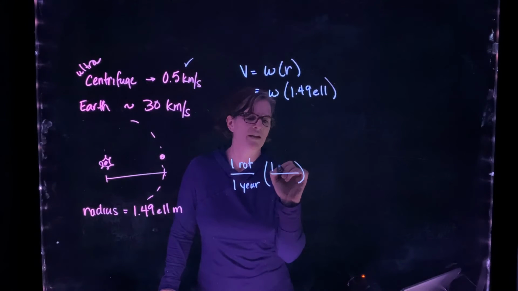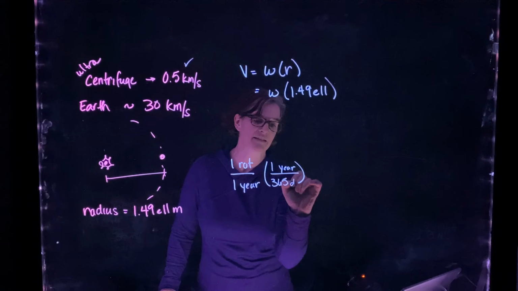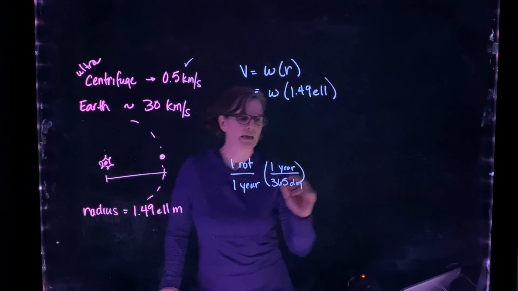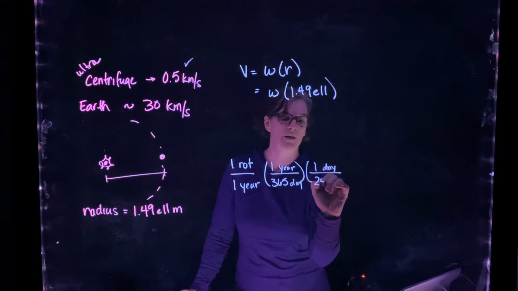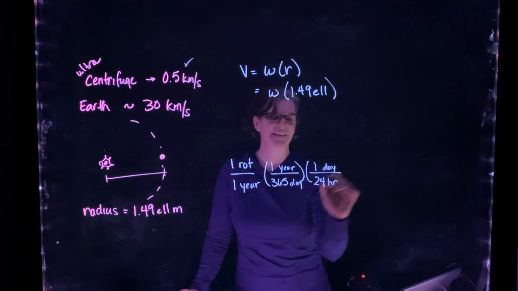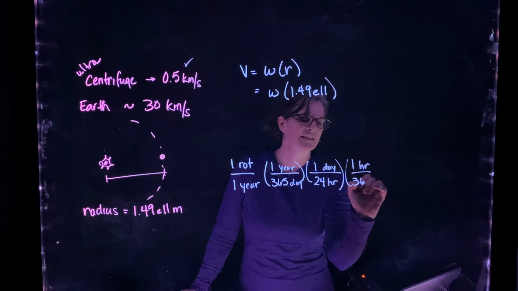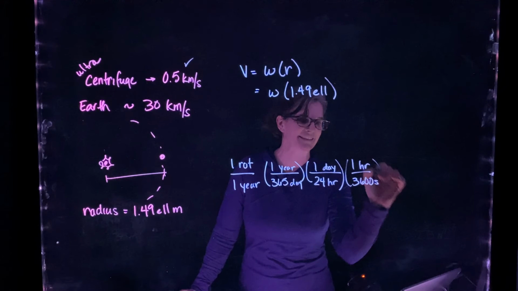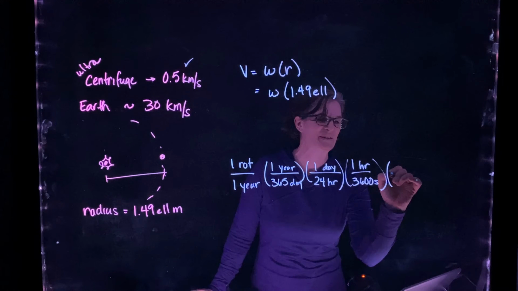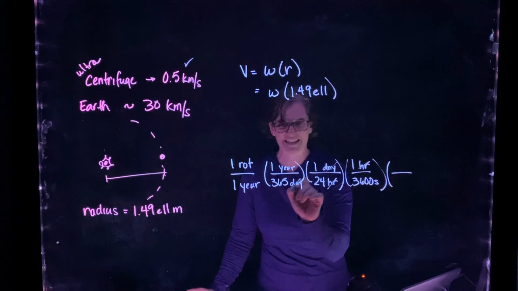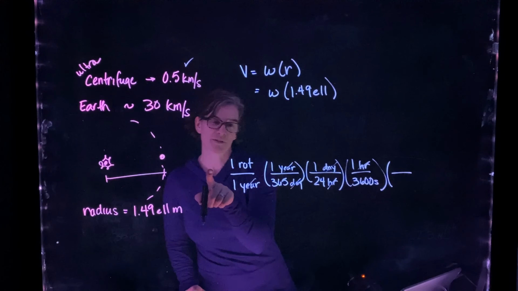We know in 1 year we have 365 days. And in 1 day, there are 24 hours. And in 1 hour, there are 3,600 seconds. So my hours cancel, my days cancel, my years cancel, and I end up with seconds on the bottom, but I still have rotations on the top.